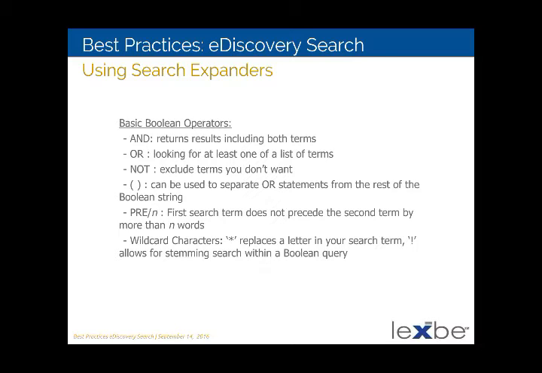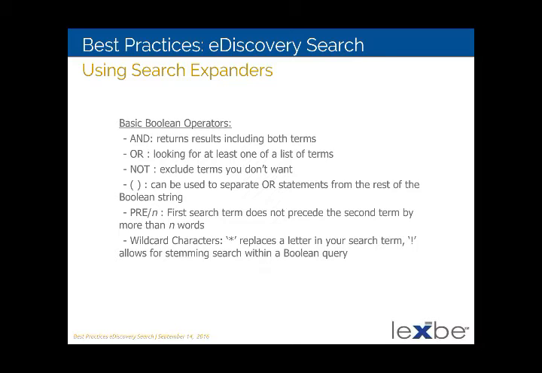The parentheses will be used to separate OR statements from the rest of the Boolean string. So you're searching for open paren, apple or banana, close paren, not cherry. So that would be how that would be used. You'll use parentheses sort of the same way that you think of it in order of operations in mathematics. You'll do the OR statement first, whatever's inside the parentheses.